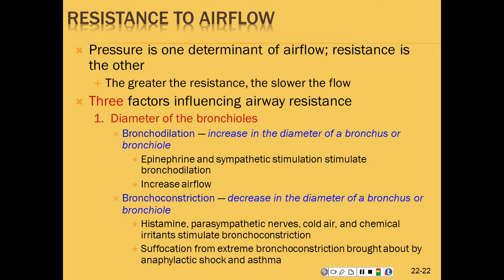So let's look at the diameter of the bronchioles. We're dealing with the ability of the bronchioles to change their diameter, and it makes them the primary means of controlling the resistance. An increase in the diameter of the bronchus or bronchiole is called bronchodilation. So when the bronchioles get larger, start to enlarge, it's called bronchodilation.